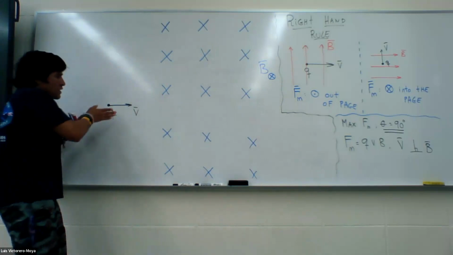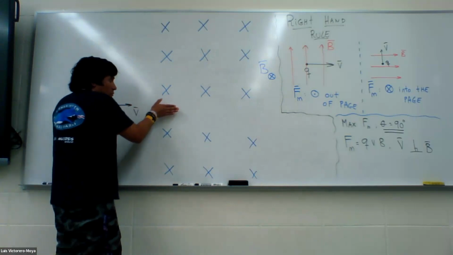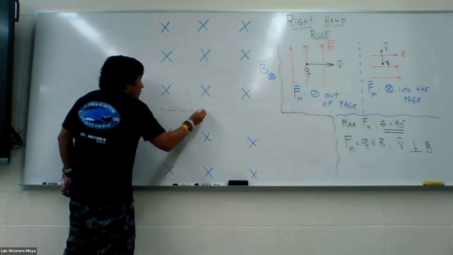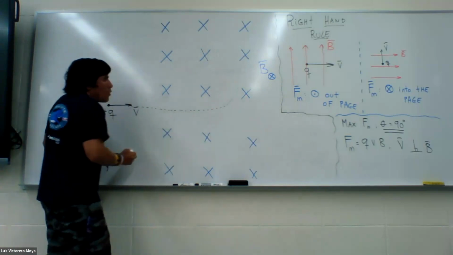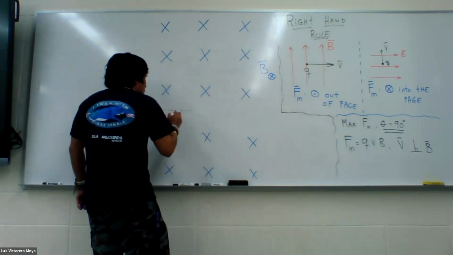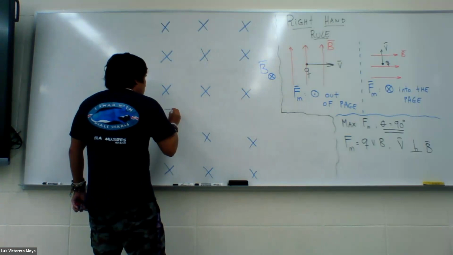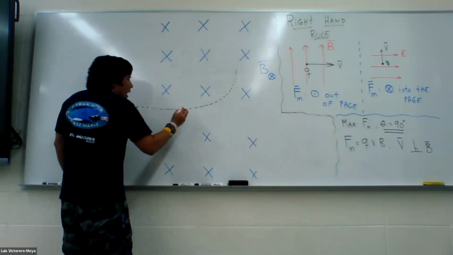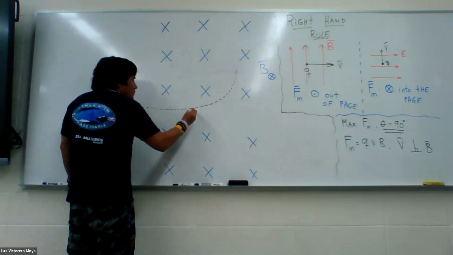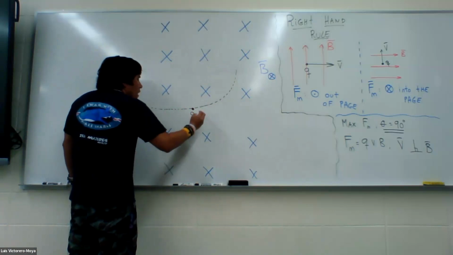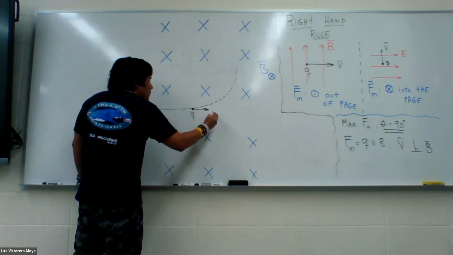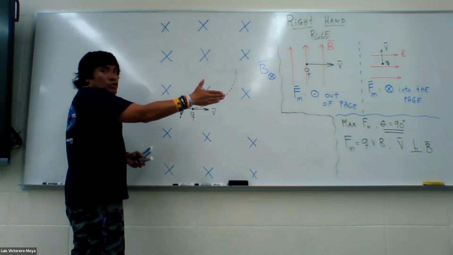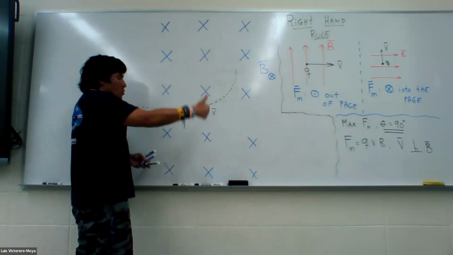So as the charge enters the region, this is going to happen, maybe a bit more pronounced, like that. Why? Well, let's suppose the charge is here and is moving like this, right? If I apply the right-hand rule, velocity, field equals up.